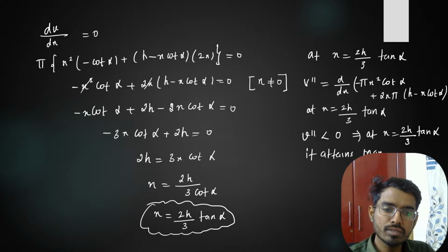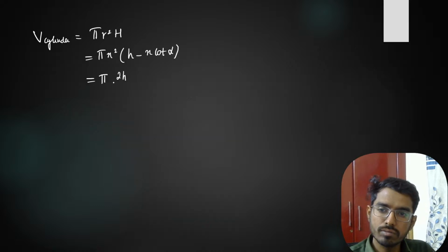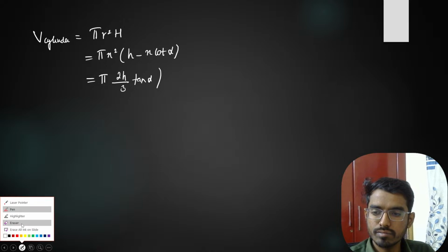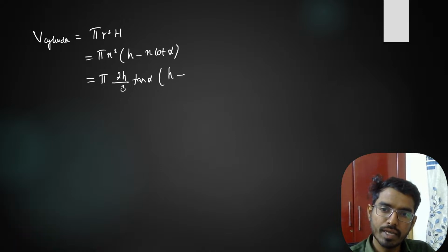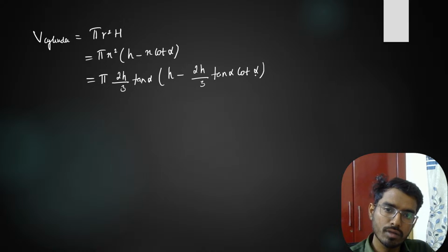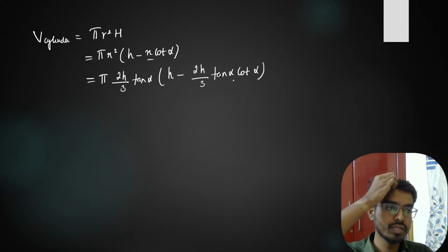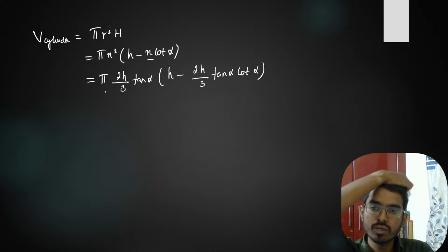So x is 2h by 3 tan alpha, and then h minus x cot alpha, which is h minus 2h by 3 tan alpha cot alpha. Just substitute x to be 2h by 3 tan alpha, right? Okay.